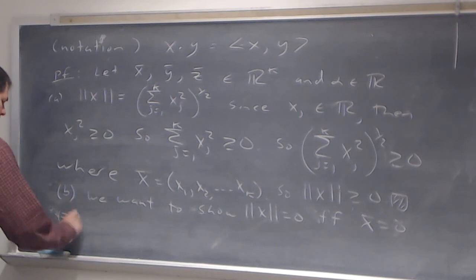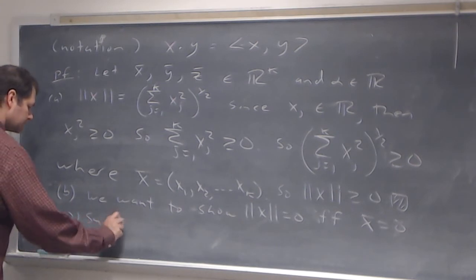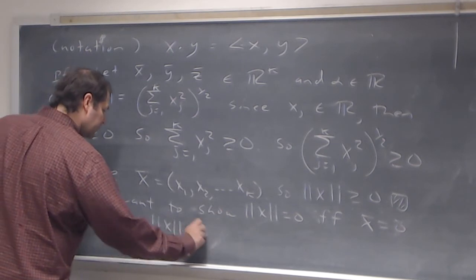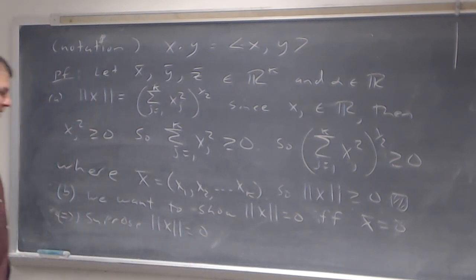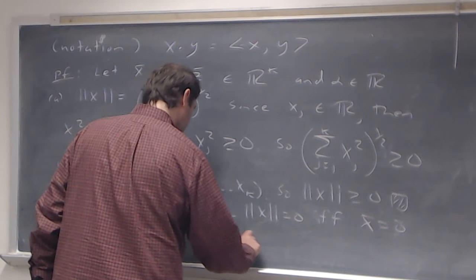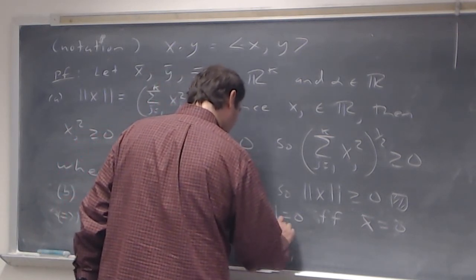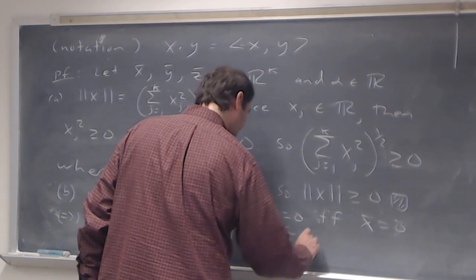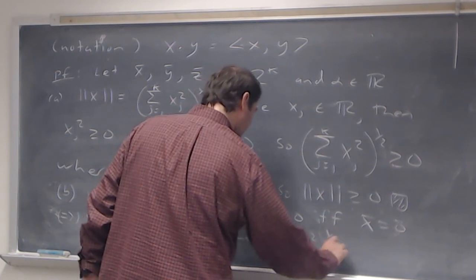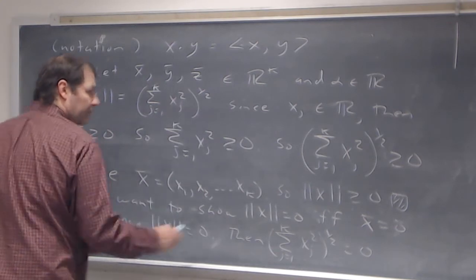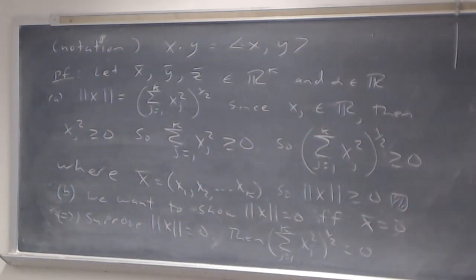Here we're going to suppose the norm of x equals 0. That means that the sum as j runs from 1 to k of x of j squared, raised to the 1/2 power, equals 0.